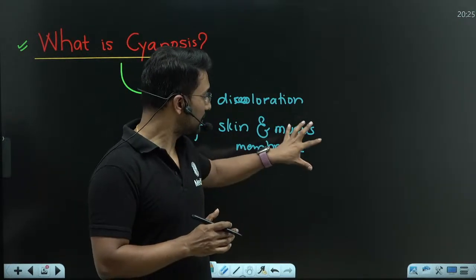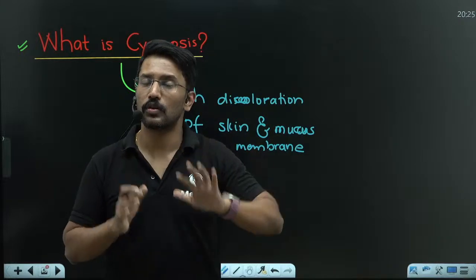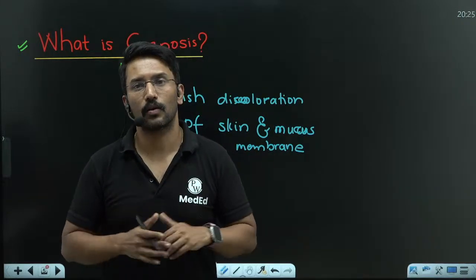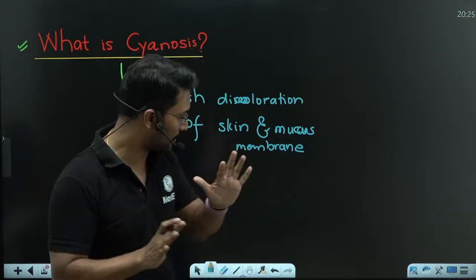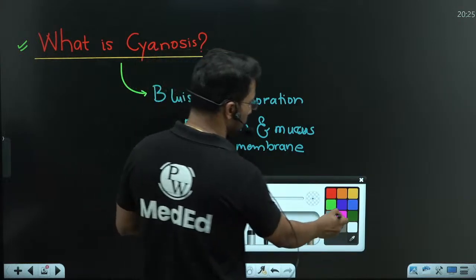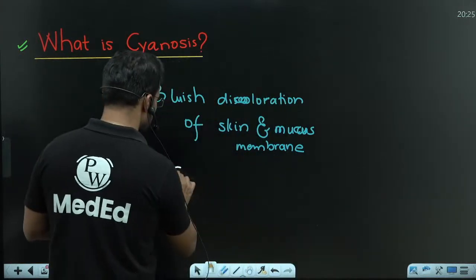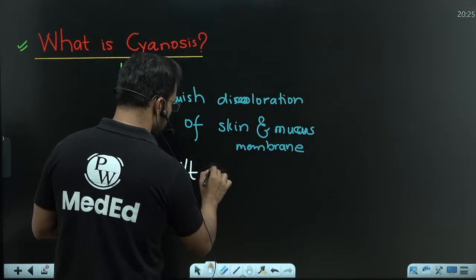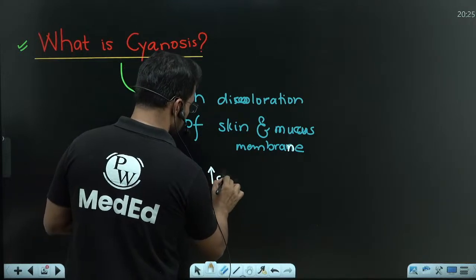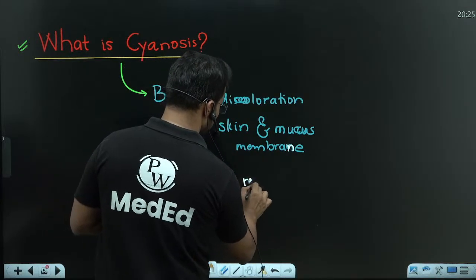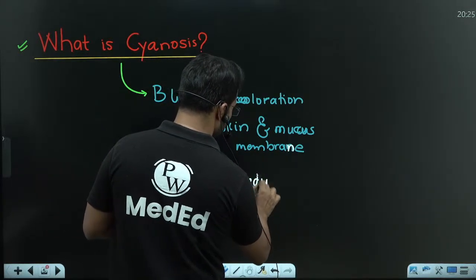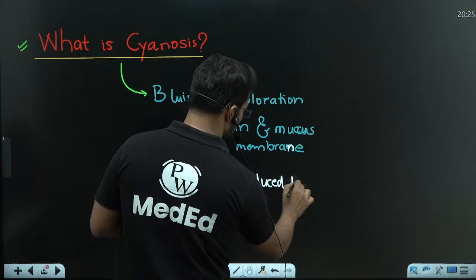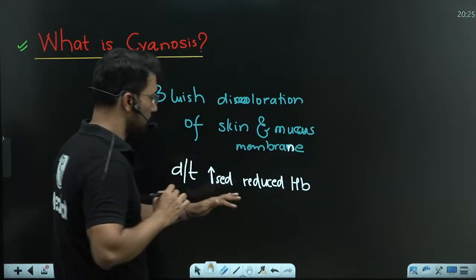And it is dependent on the absolute value. It is not dependent on the relative value. I will just give you an example. What do I mean when I say absolute value of reduced hemoglobin? It is due to increased reduced or deoxygenated hemoglobin.